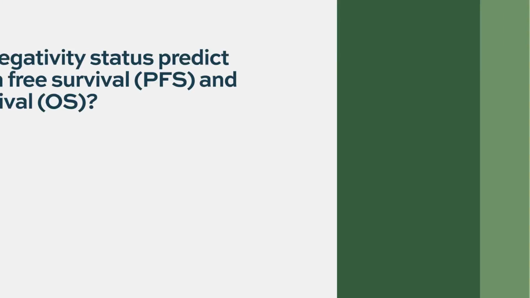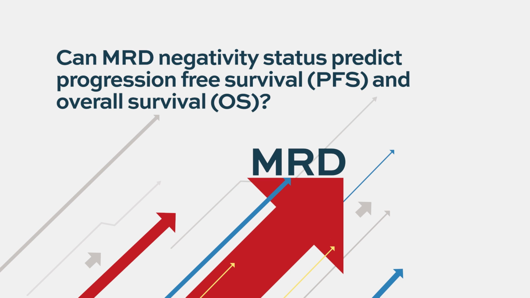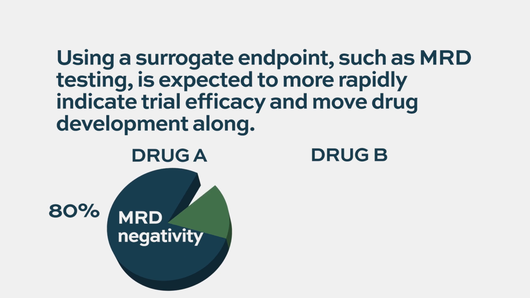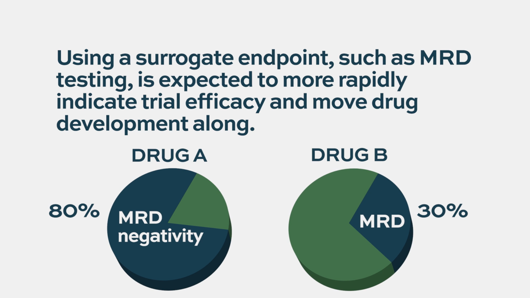If you look at MRD level and you have a higher MRD negativity rate for a particular regimen, the suggestion is you're probably going to have longer progression-free survival, where people don't progress, or even hopefully longer overall survival. So you can get to that endpoint much quicker. You can look at MRD just several months into a trial or a year into a trial. If you have a drug, for example, that has 80% MRD negativity and another one that has 30%, you've probably got a better drug. So that's how our trials are using them right now.